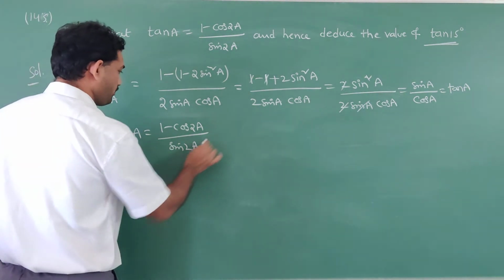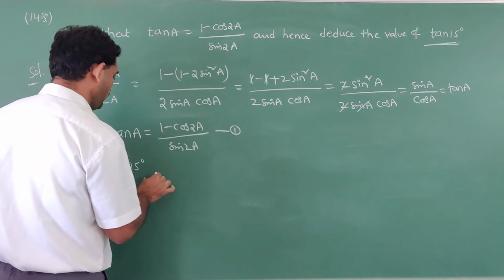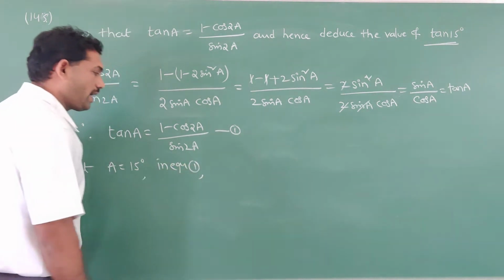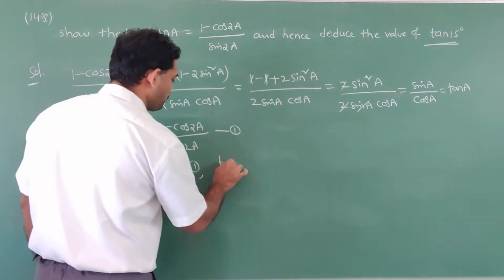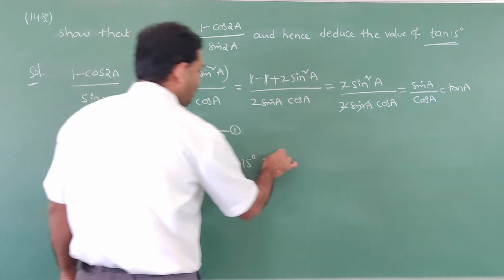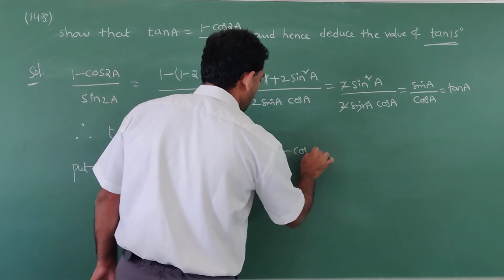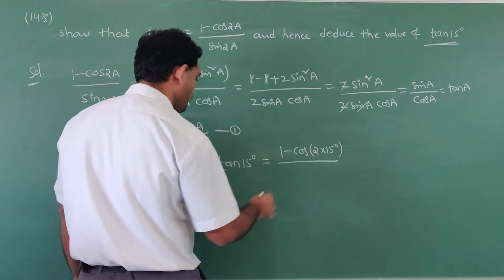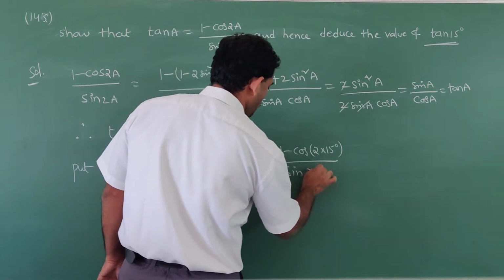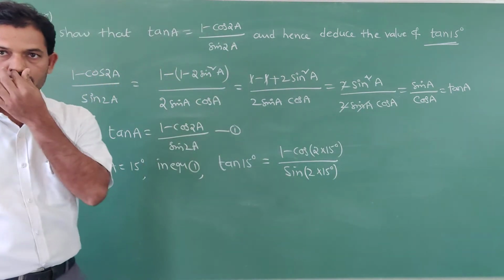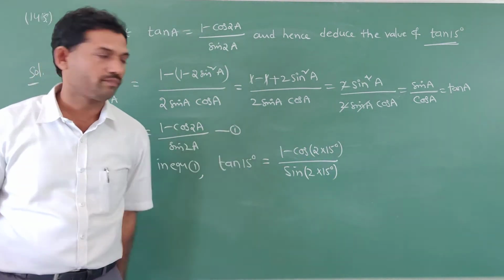In the above, this is equation 1. So in equation number 1, tan 15 degrees equals 1 minus cos 2 into 15 degrees divided by sin 2 into 15 degrees. Understand?